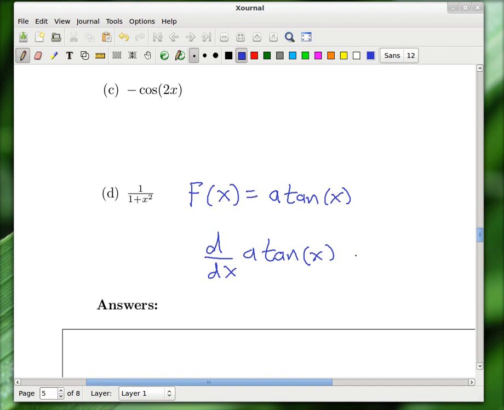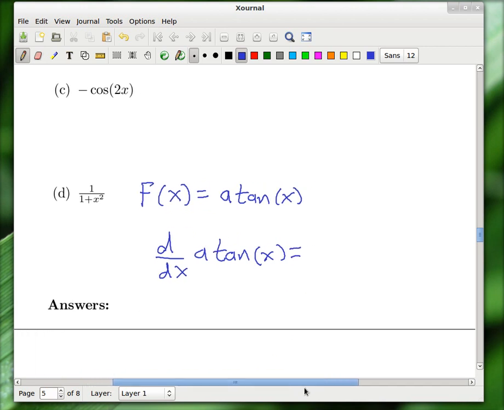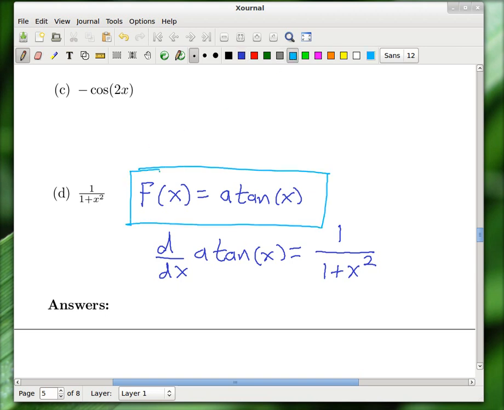Because you could derive it, and that would make me cry with gratitude. Somebody would learn to derive it. But it's just this, and so, if the derivative of arctan is that, then the antiderivative of the thing is arctan. So this is the answer. The antiderivative is arctan. And that's it for this problem.